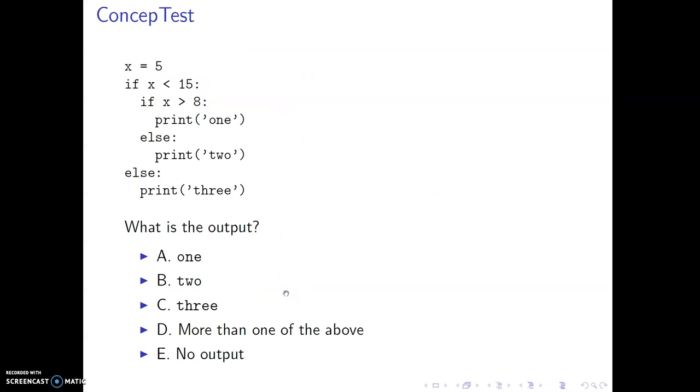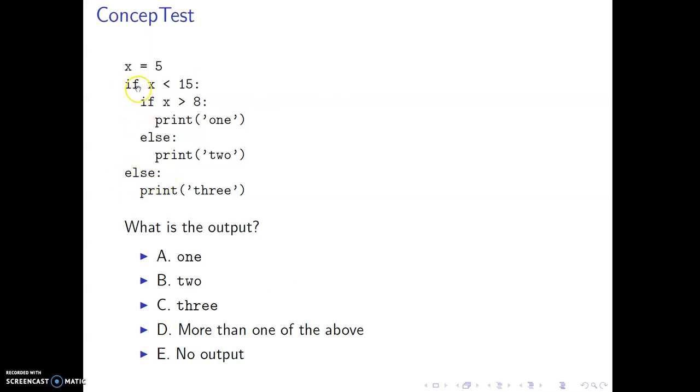Okay, another concept test. This is kind of like that first one. x is set to be the value 5. If it's less than 15, we move on. Notice this if statement matches indentation-wise with this else.